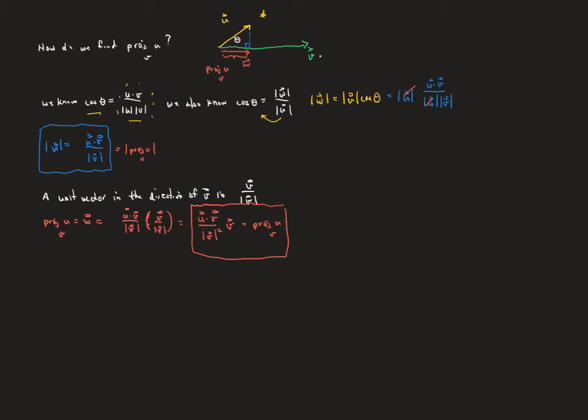And then the perpendicular to that, which we have talked about before, is going to be, in effect, force that's wasted. It's not really helping us move that object at all.